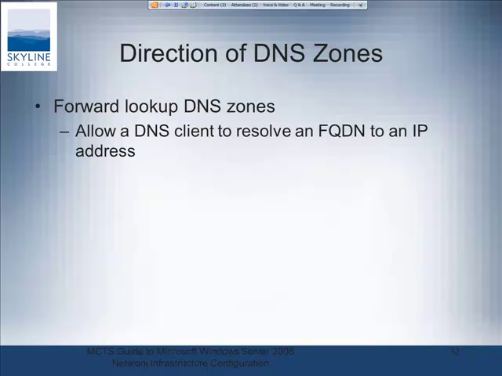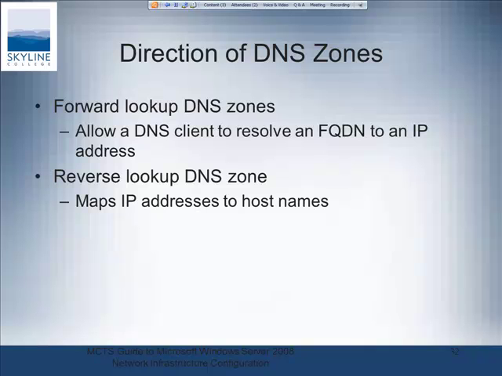A forward lookup zone allows DNS to resolve an FQDN into an IP address. We've got a forward lookup zone and a reverse lookup zone. The reverse lookup zone maps the IP address to host names. A lot of people don't use those, and I don't think we use those in ours. They can be handy at times if you know the IP address that something's going on with and you need to immediately get it back to a name.